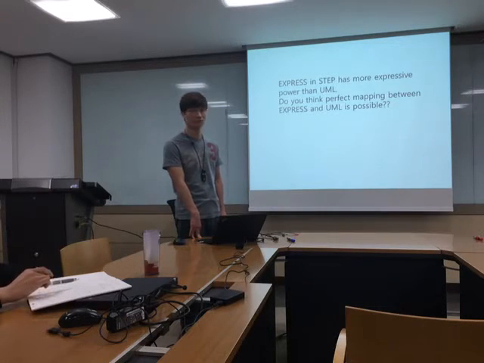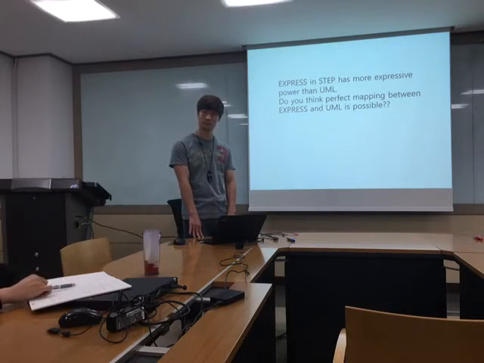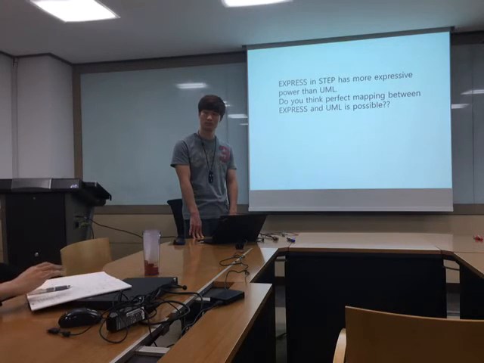I'm not sure if it's a weakness or just lack of my knowledge, but the only thing that I don't think is well supported in UML is constraints. So maybe Express can be more powerful in representing constraints and solving them and checking them and so on. But apart from that, I'm not sure. I think UML is very powerful.